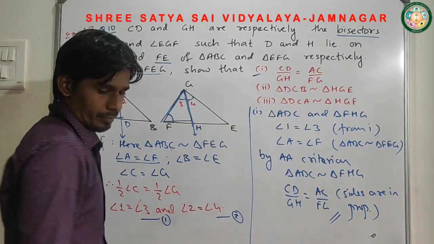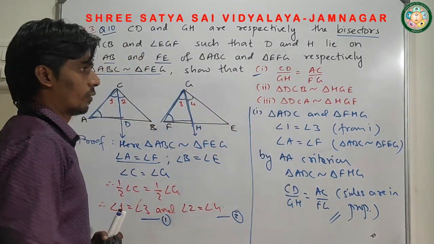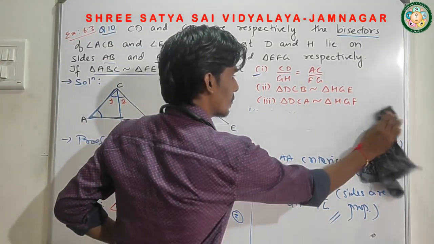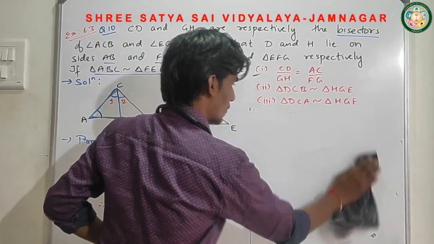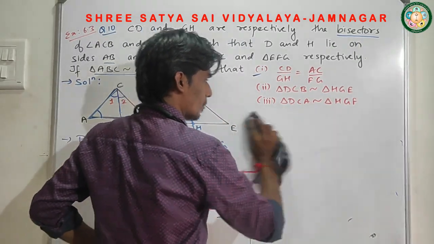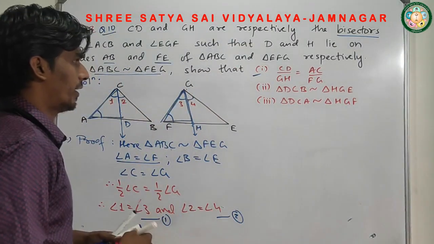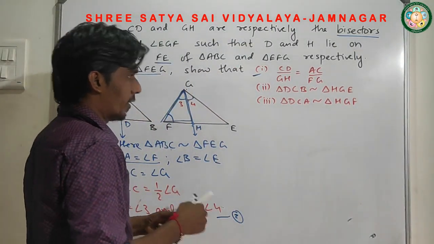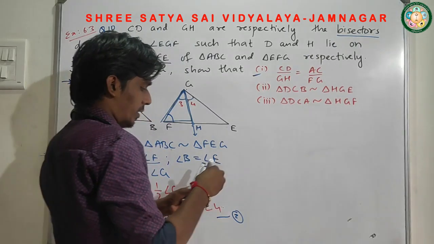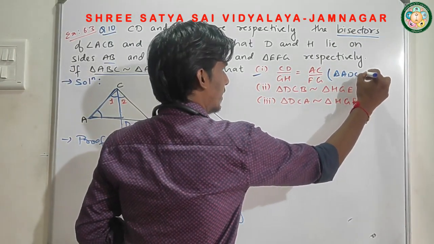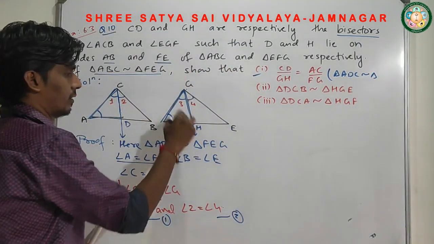Now let's prove the second one. So already in the first one, to prove this first one, what should you know? That we are going to prove triangle ADC is similar to triangle FGH.